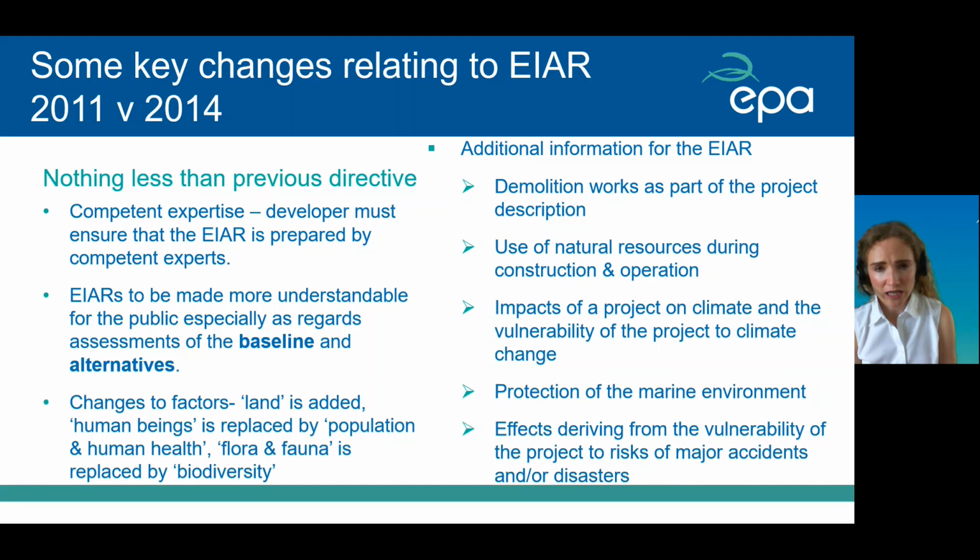Other additional information then for inclusion in the EIAR are descriptions, for example, of demolition works as part of a project where that's relevant, the use of natural resources during the construction and operation phase, impacts of the project on climate and the vulnerability of the project to climate change, protection of the marine environment, and effects deriving from the vulnerability of the project to risks of major accidents and disasters.